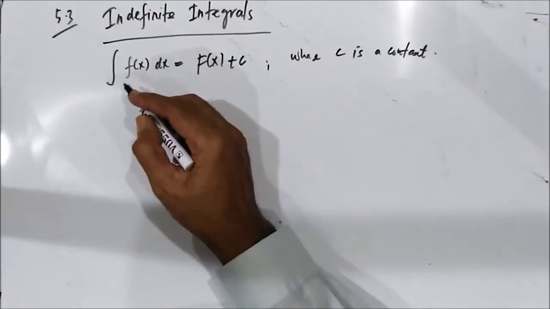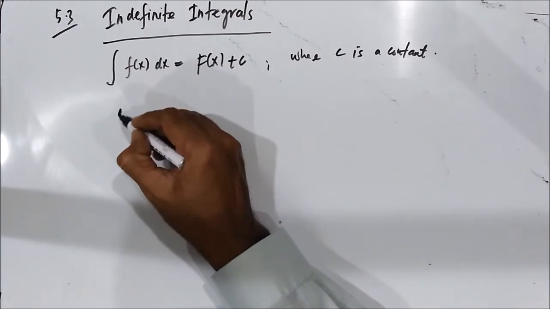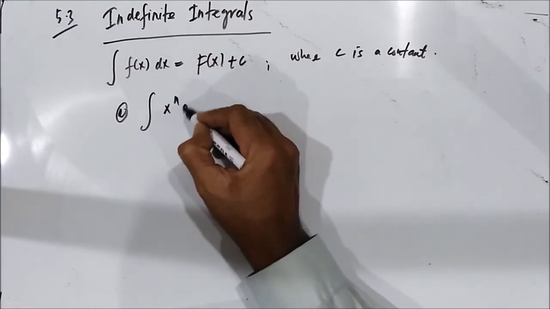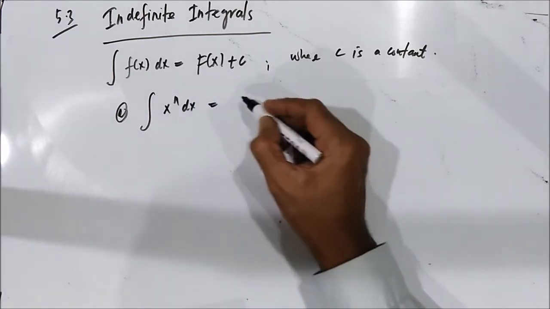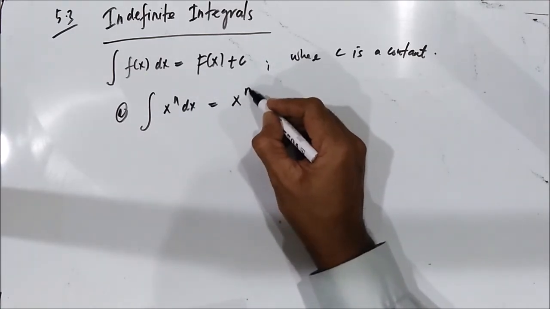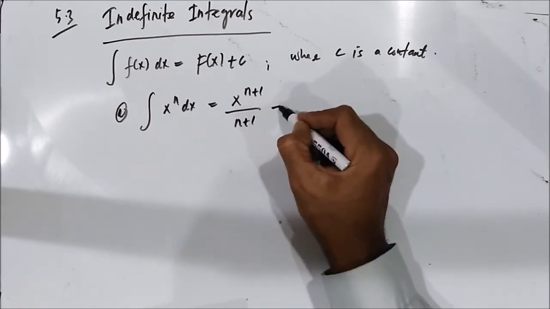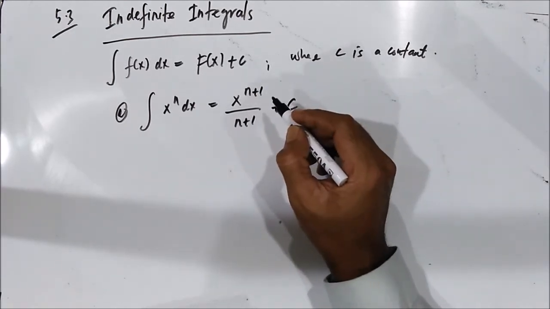Okay. Now let's say I have the integration of x raised n dx. So this is equal to x raised n plus 1 over n plus 1, then you have to add c. Okay.